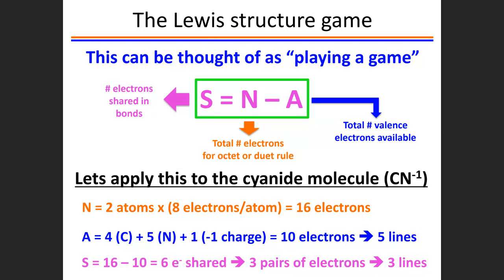So if we look here, we can see S equals N minus A. S means electrons shared in bond. So X has one electron, Y has one electron. So 1 plus 1 shared, now X gets 2 here, and Y gets 2 here. And they make this covalent bond.